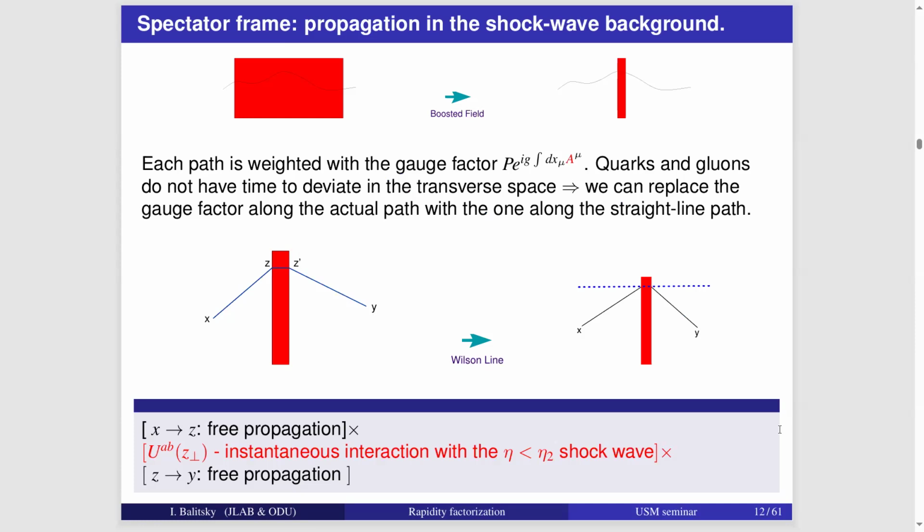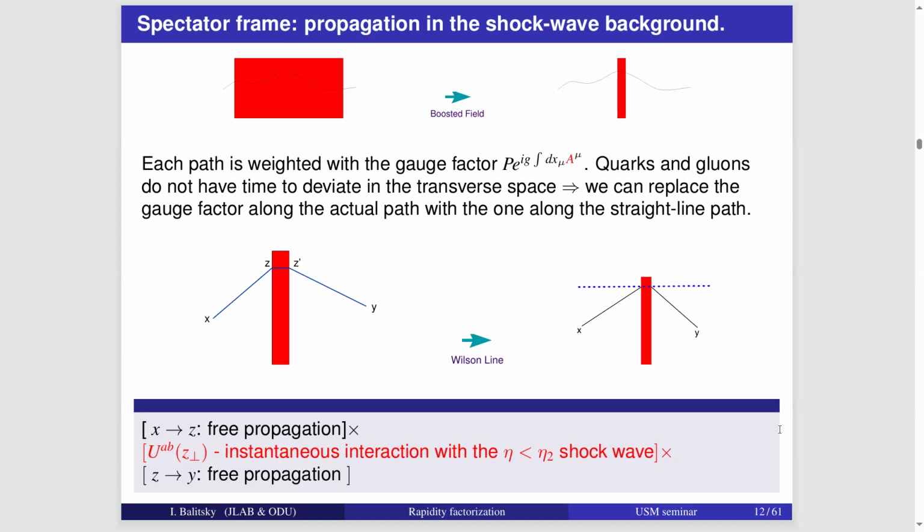It is known that the propagator can be written down as a functional integral over all paths, like a free functional integral multiplied by an exponential along the path. Now, when we consider the propagation in the pancake field, or in the shockwave field, first you have free propagation up to this point. Then interaction with this shockwave and propagation to the final point.